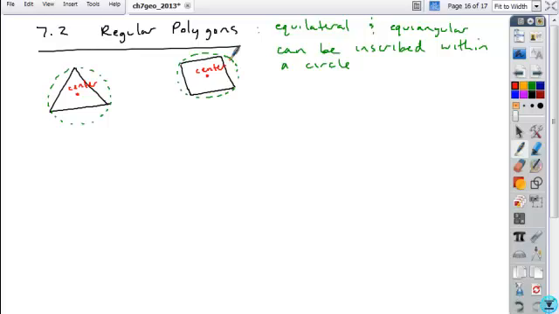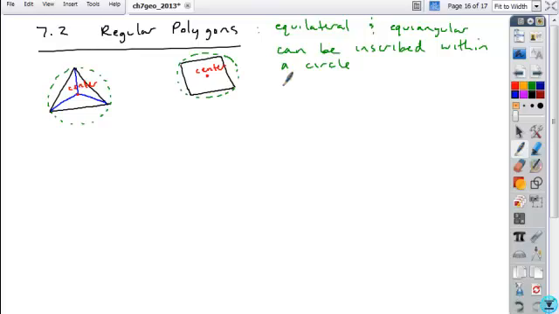And one of the unique things in all regular polygons, and we'll take a look at it in these two first, is that when you draw in the radii for this circle, the radii are going to break your regular polygon into that many congruent isosceles triangles, whatever number of sides it has.